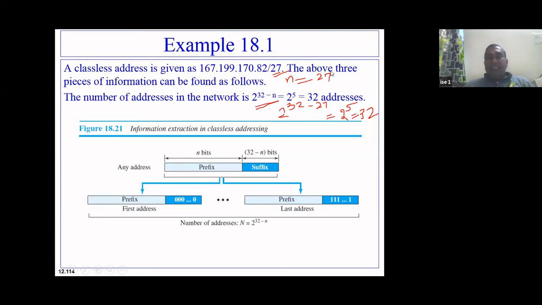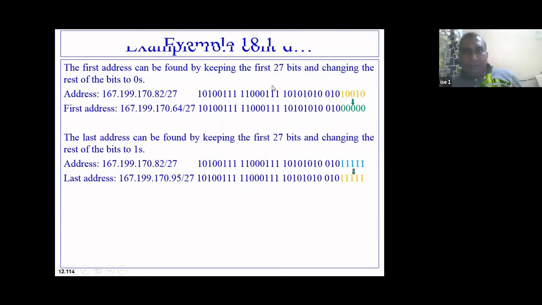So you can see here, I'll take a simple example. The first address can be found by keeping 27 bits. So here the length is 27. Length 27 means prefix length is 27. If you count, these are 8 plus 8, 16, plus 8, 24, 25, 26, 27 bits are prefix length.